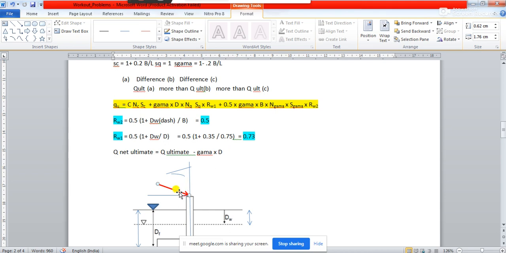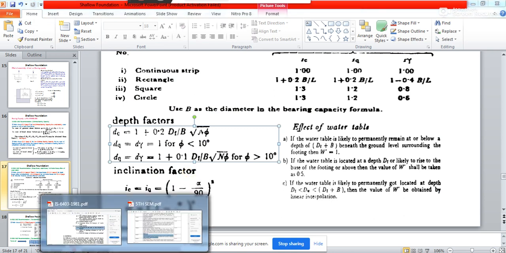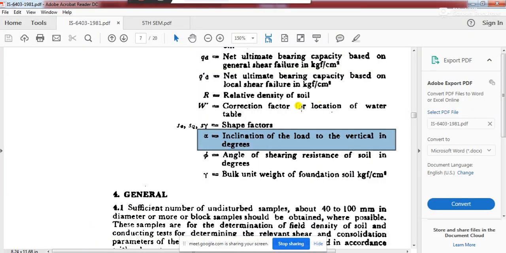Alpha value will be 90 minus 30. That means you will have to put 60 degree in this equation, because in the code the definition of alpha is the inclination of the load to the vertical in degrees. Are you clear on this?